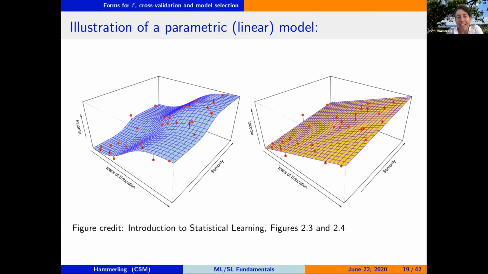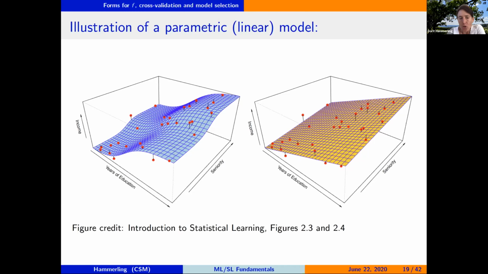So what you see on the left-hand side is an example where our output variable is still income. How much money does someone make? And now we have that as a function of two inputs. Again, this is an artificial example to illustrate the ideas here. So the blue surface is the true surface that we are after. And you can see these two input variables are years of education, and now we have another term, seniority, how long somebody was in his or her job.